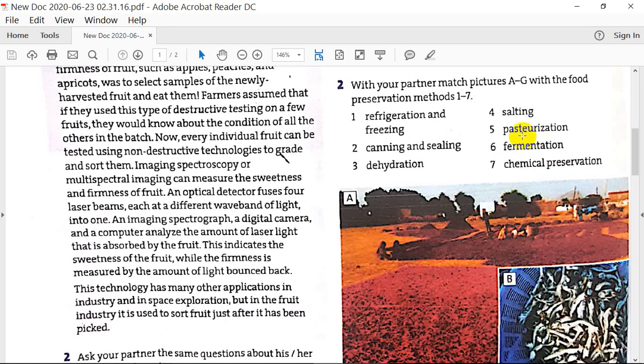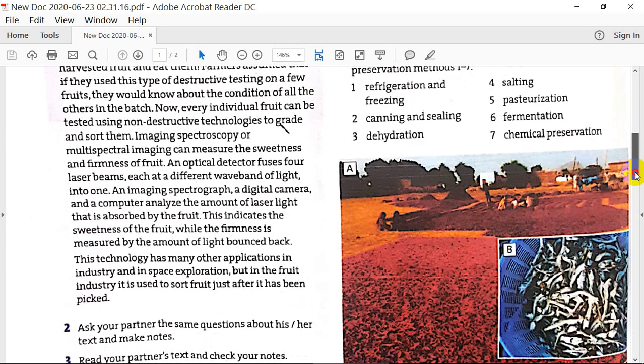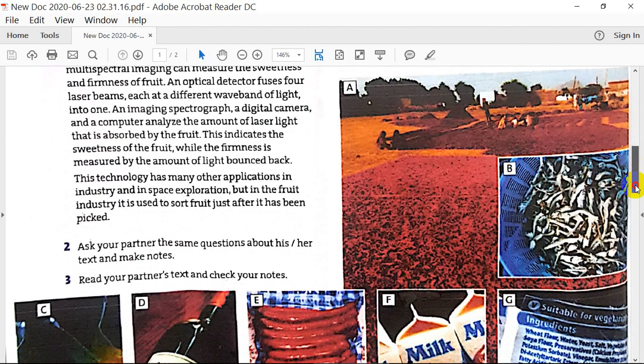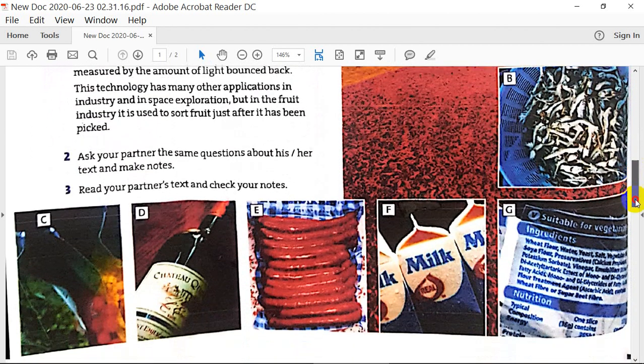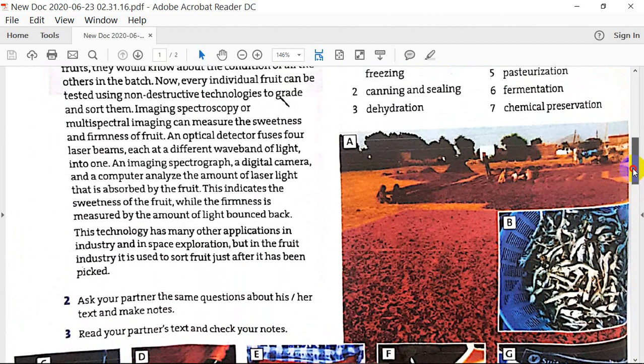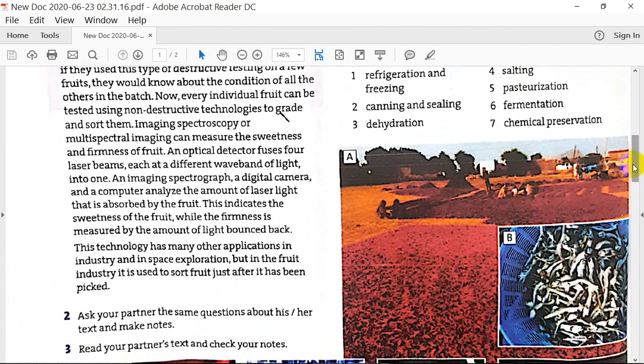We can use it for milk, to change it to yogurt, or to keep yogurt. Okay, fermentation means using something to keep or to change something from a drink to be like an alcoholic drink, like beer, wine, whiskey.